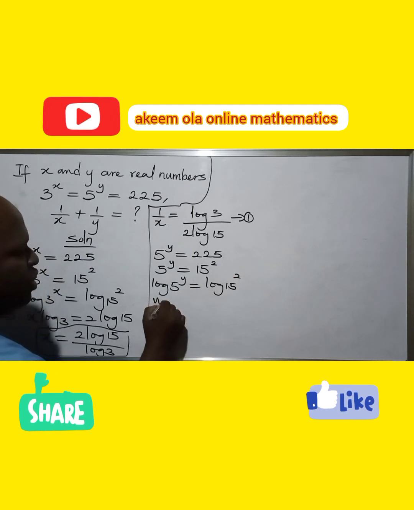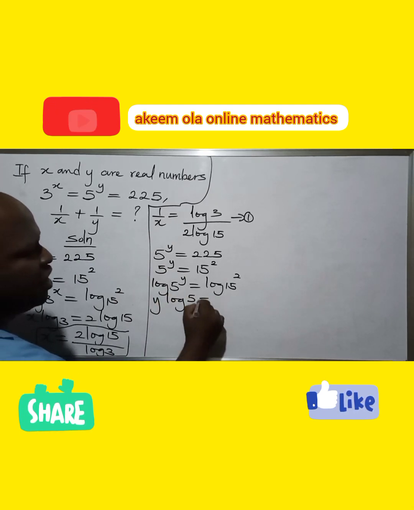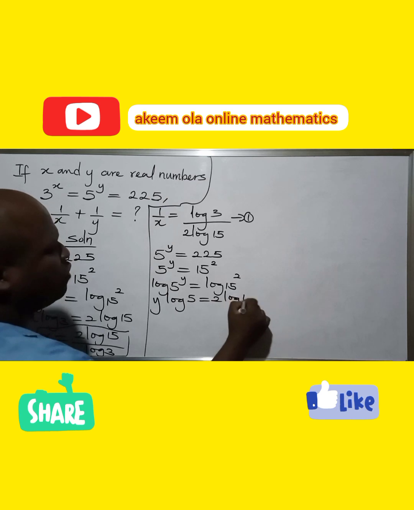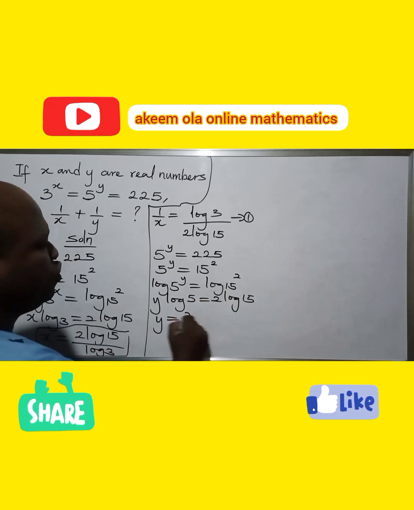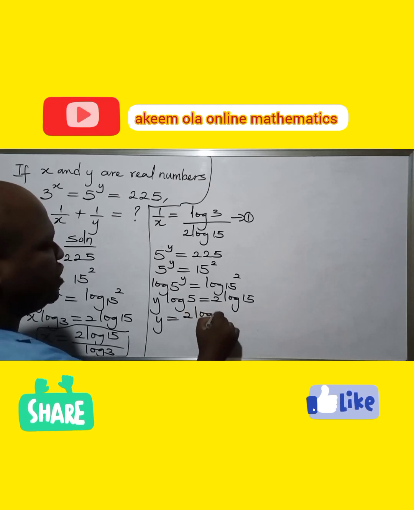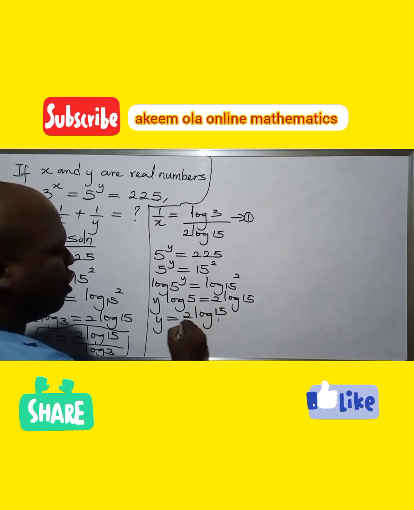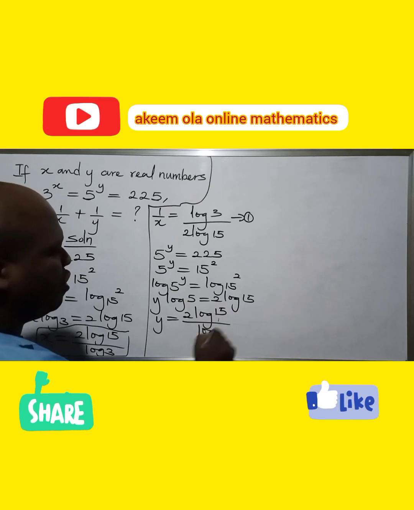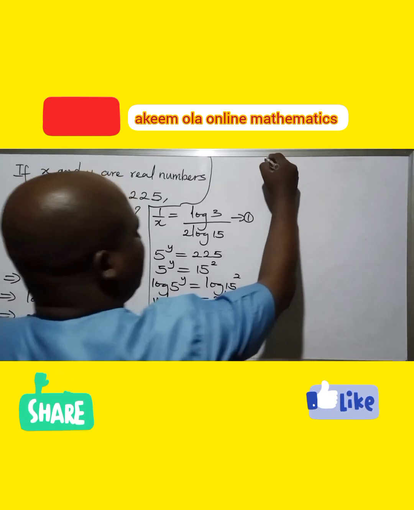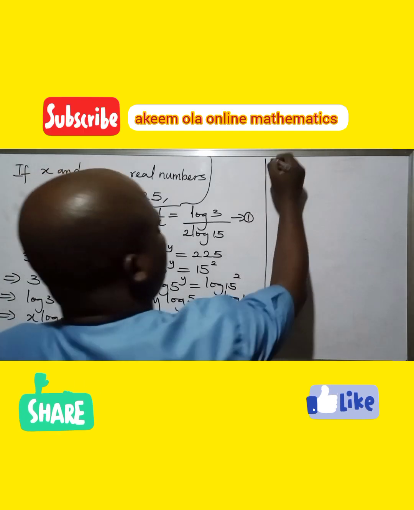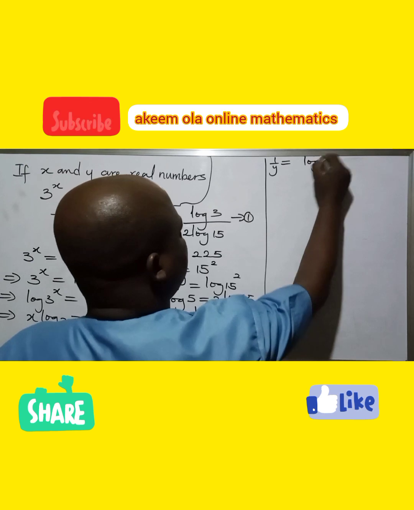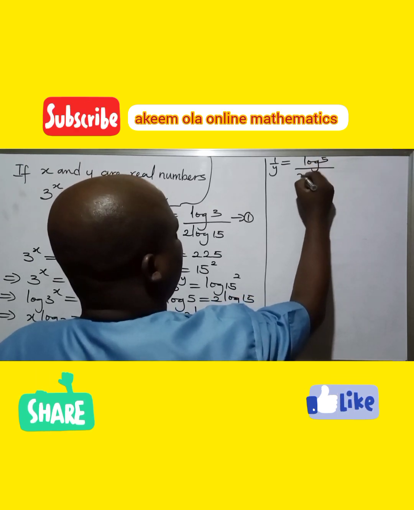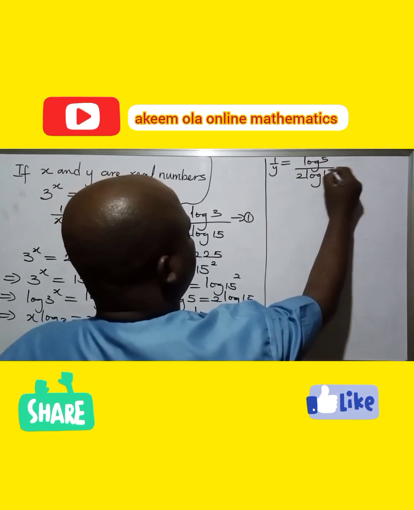So my y, we move the power to the back, we have y log 5 equal to 2 log 15. So our y will be equal to 2 log 15 all over log 5. So from there, 1 all over y will be equal to, I'll find the reciprocal, log 5 all over 2 log 15.